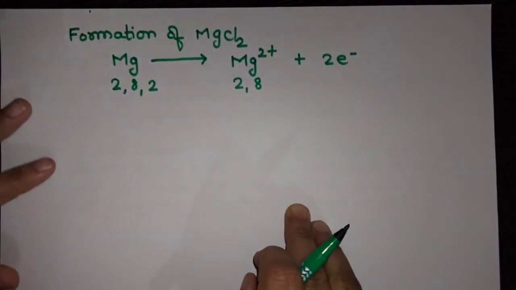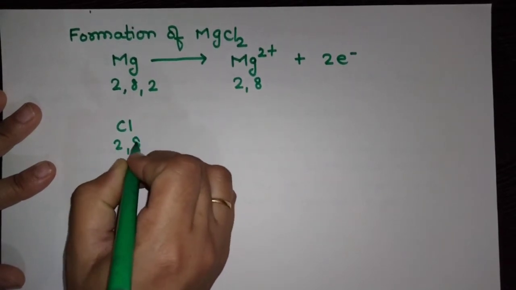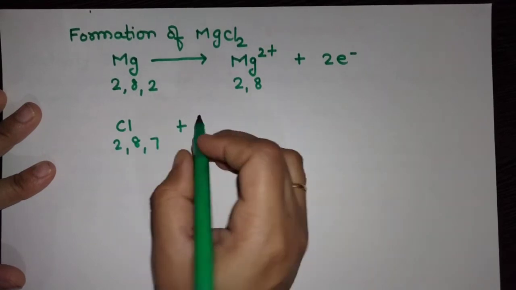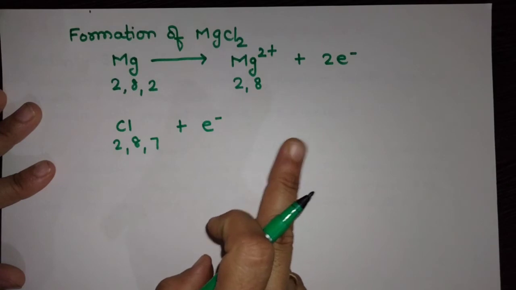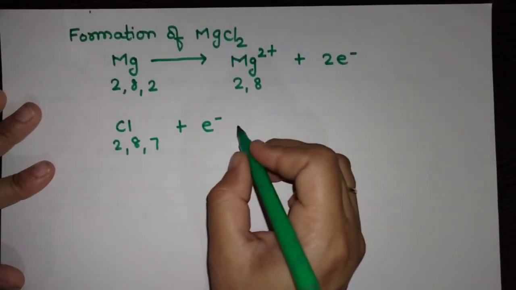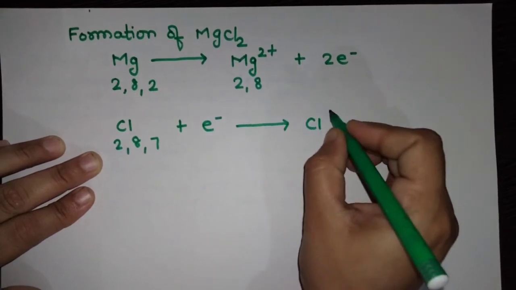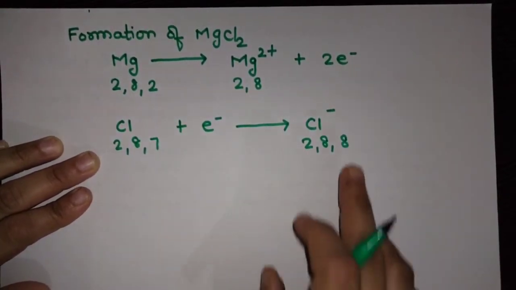Now if you see chlorine, it is 2, 8, 7, as we have seen in the case of NaCl, so it will gain 1 electron. One chlorine will gain 1 electron, not 2 electrons. So you will write Cl minus, and the state is 2, 8, 8. Now it becomes stable.